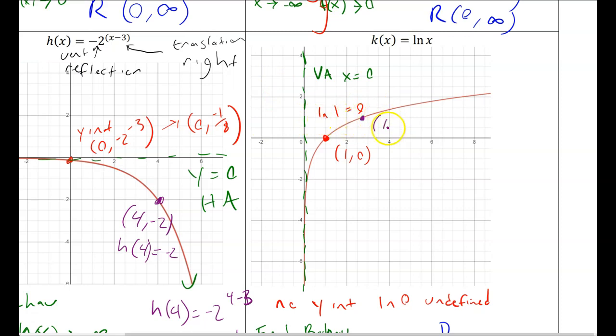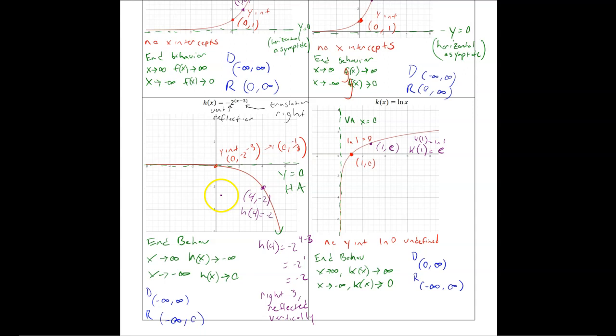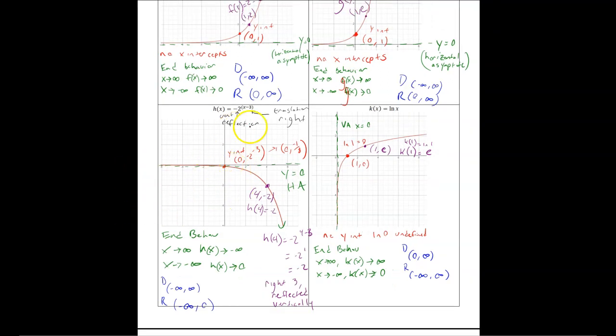And that would be the point 1 comma, notice we're a little bit bigger than 2, a little bit less than 3. That's 1 comma e, right? Because k of 1 is equal to e, because ln of 1 is equal to e. So in this lesson, we are really interested in the properties of these functions and what happens when we kind of shift them around, like in h of x here.